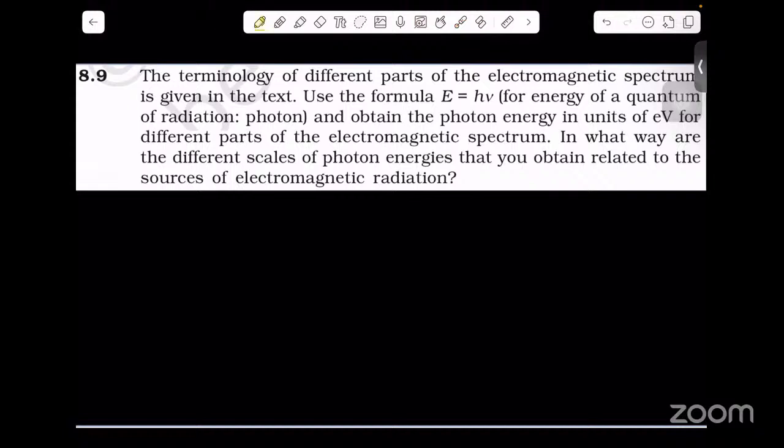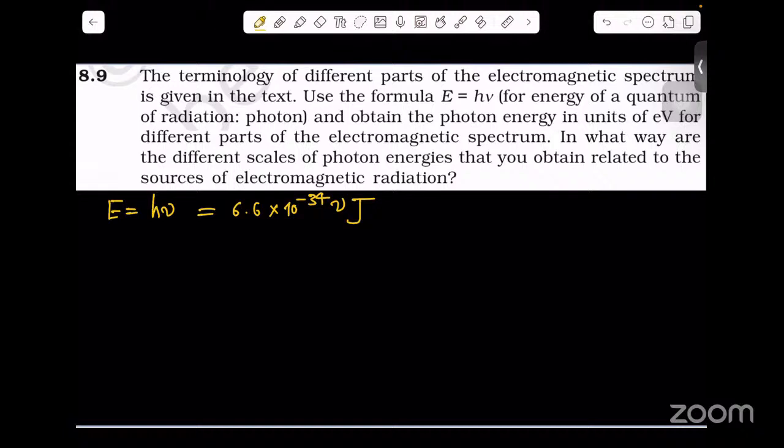So we have been given E equals h nu. H is the Planck's constant, which is 6.6 into 10 raised power minus 34 times nu. And energy, this is in joules.